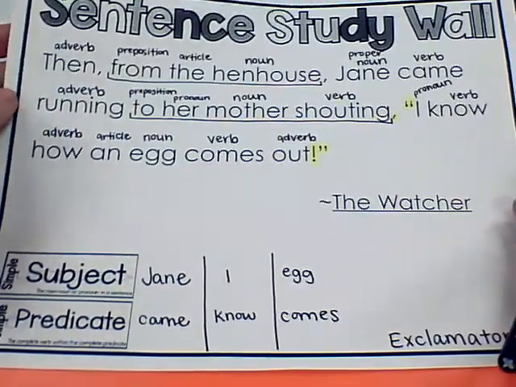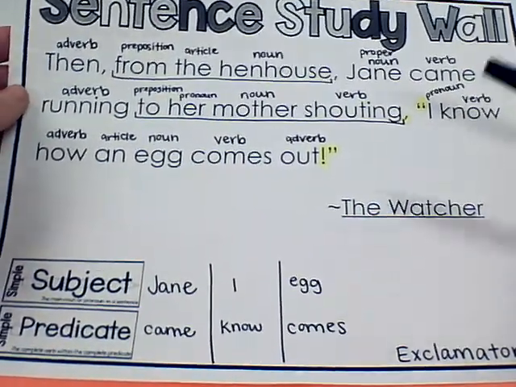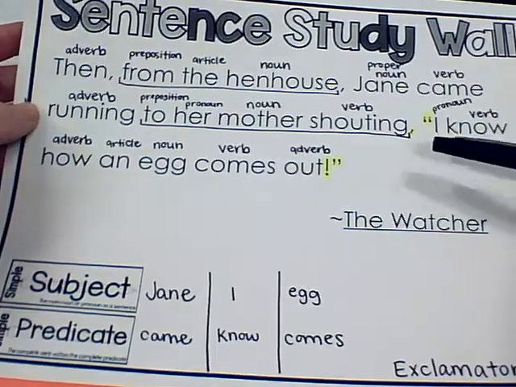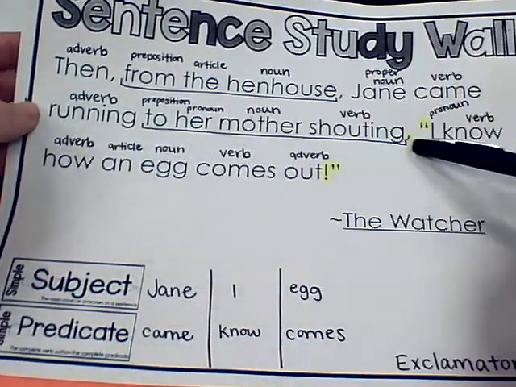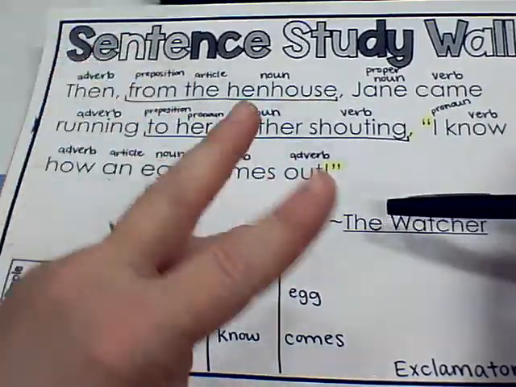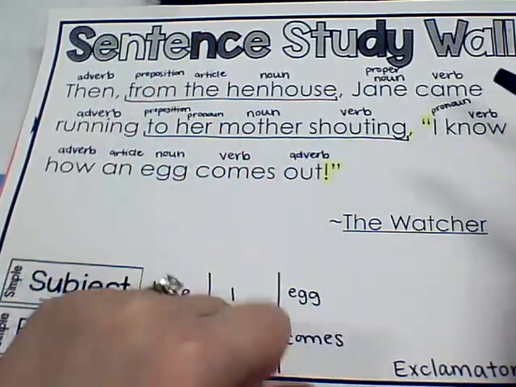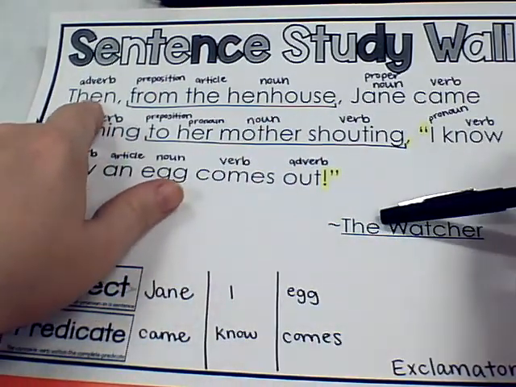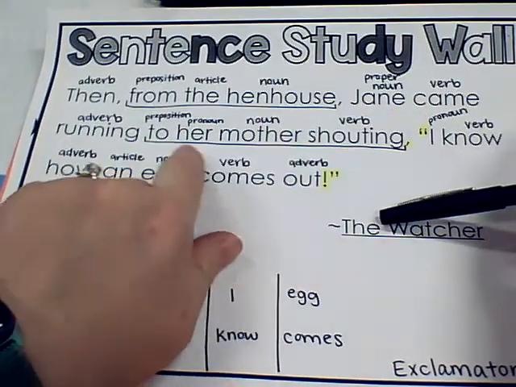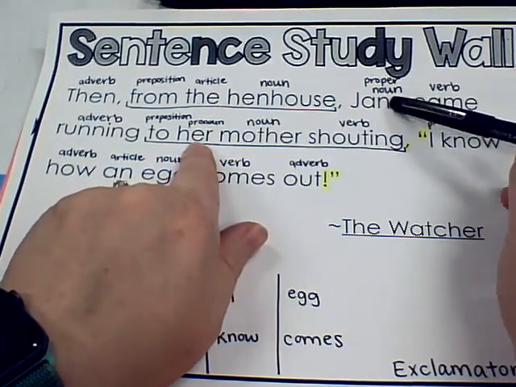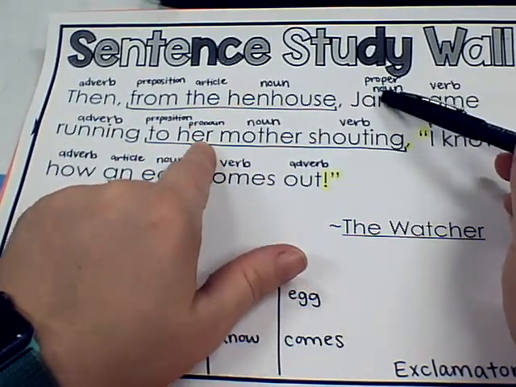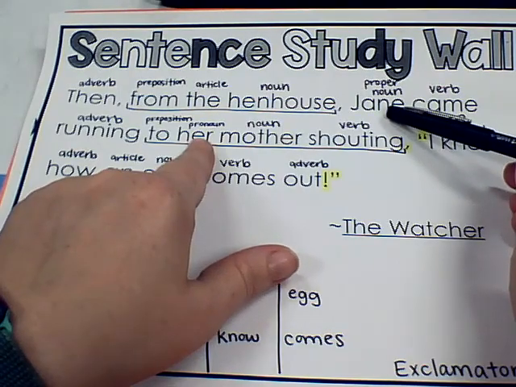Because I've got another second or two, I'm just going to point out, guys, because some of you are still trying to figure out point of view. So this sentence is actually written in third person point of view, not first person. When it starts, it says, from the hen house, Jane came running to her mother. So it says her name and her. So it is not being told from the perspective of Jane.